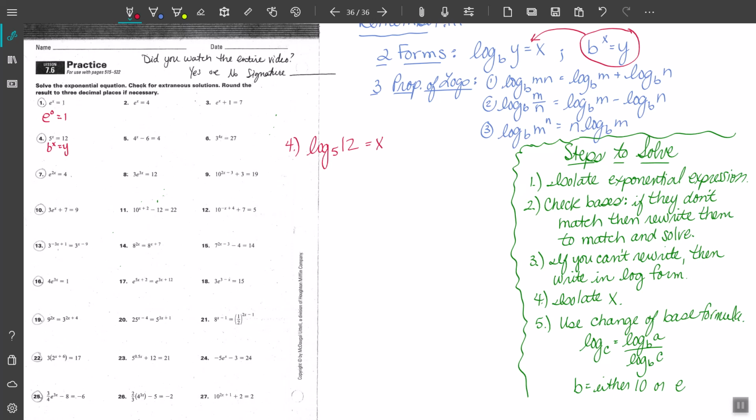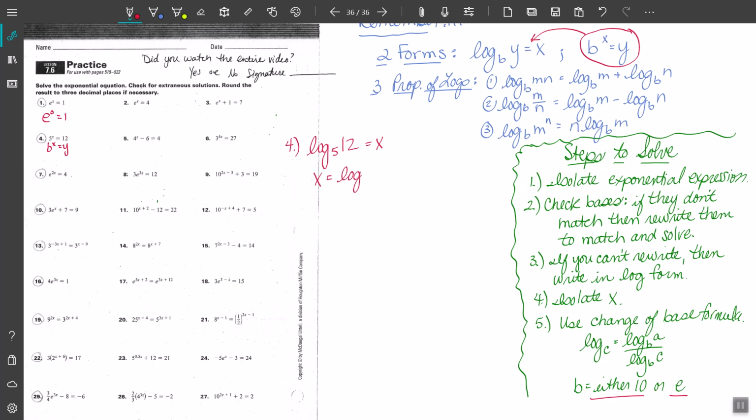So remember, to use the calculator, we either need to have a base of 10 or a base of e. And so we're going to use base of 10 when we're practicing these, but we could also use base of e, and sometimes they'll use base of e in the textbook as well. So we're going to take this form right here, and we're going to use that as a change of base. So our base is always going to be 10.